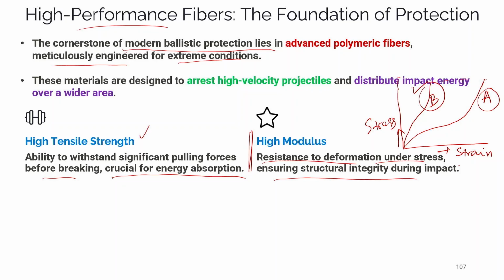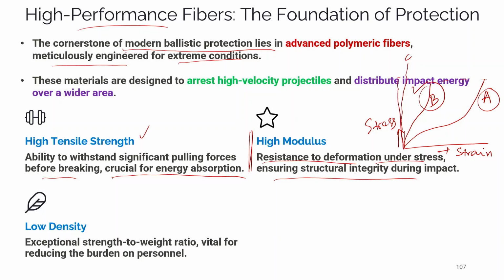We cannot have a very brittle fiber like this type of say C, with very low energy for rupture. So, high tensile strength is important, high modulus is also important, then low density is also important, because the material has to be light.